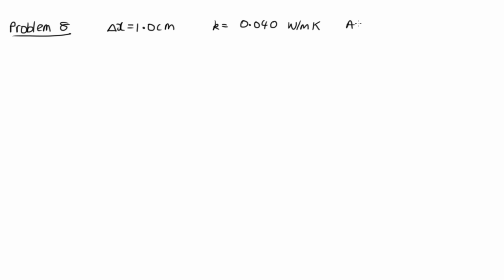His surface area is 1.8 meters squared, and his inner temperature, his hot side, his body, is 33 degrees C, and outside the air is 1 degree C. And we're asked in part A to calculate the rate at which body heat flows out of the clothing.